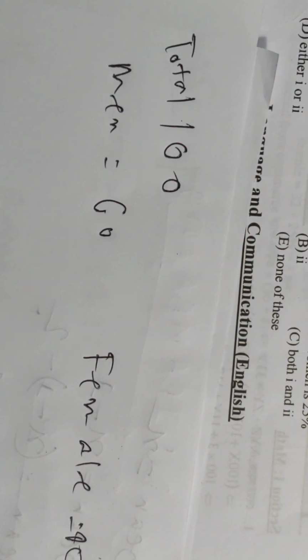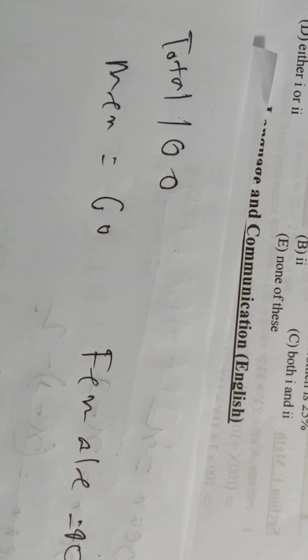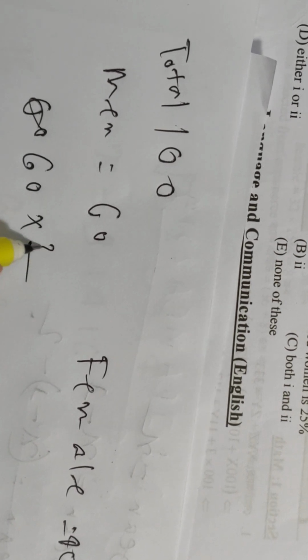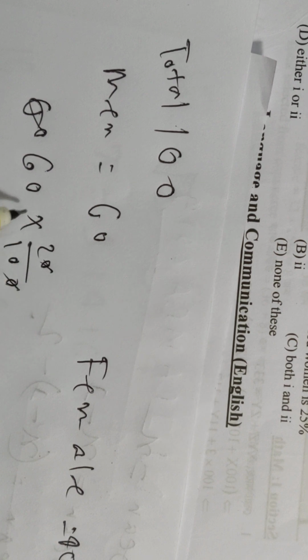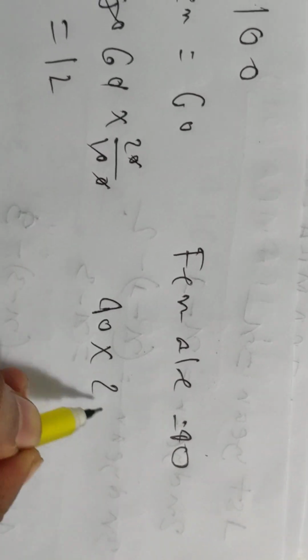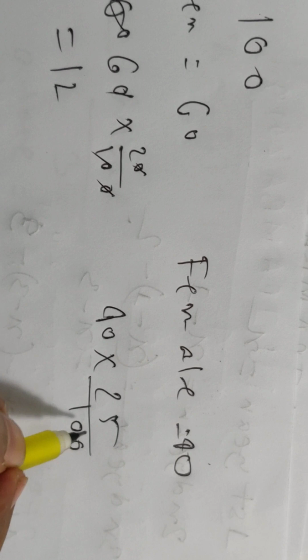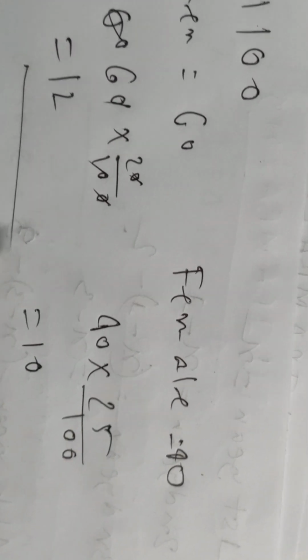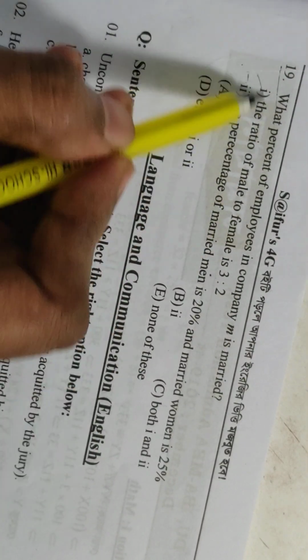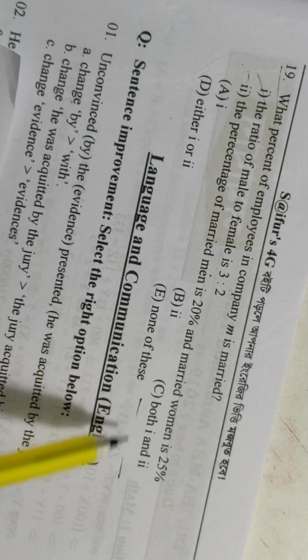Married men are 20% of 60, that is 12, and married women are 25% of 40, that is 10. So the total is 22. To get the answer to this question, we need to use both 1 and 2. So both 1 and 2 will be the answer.